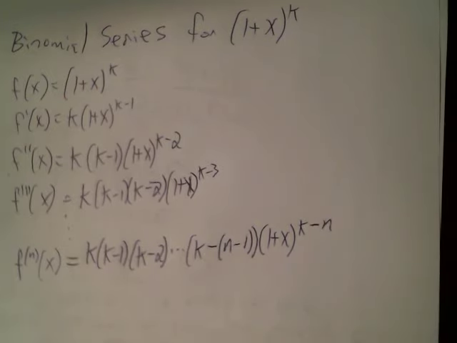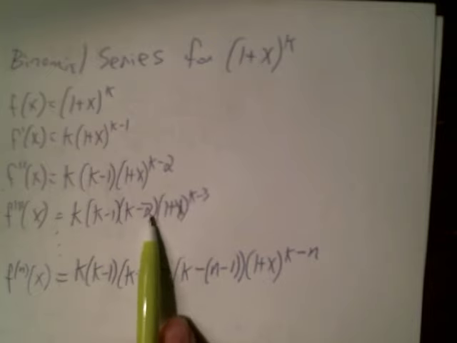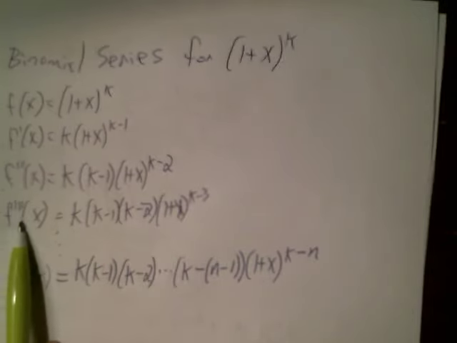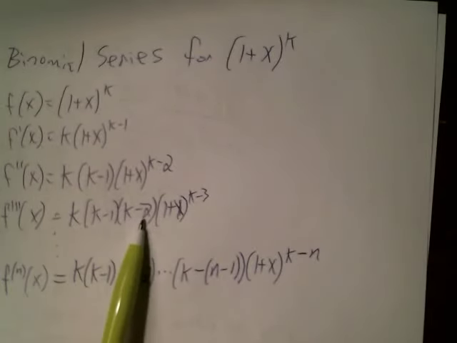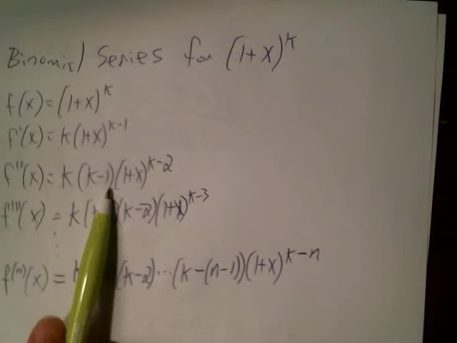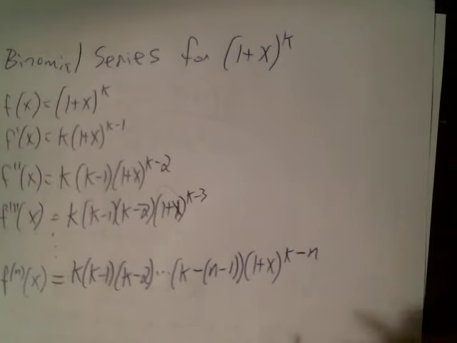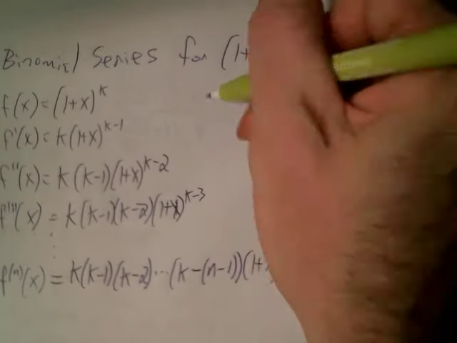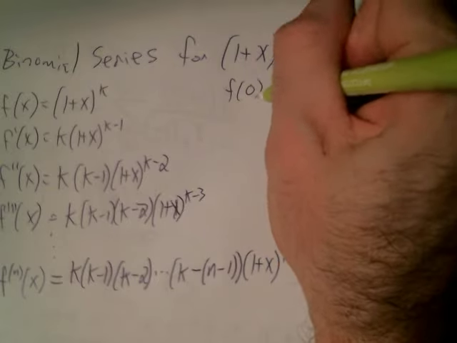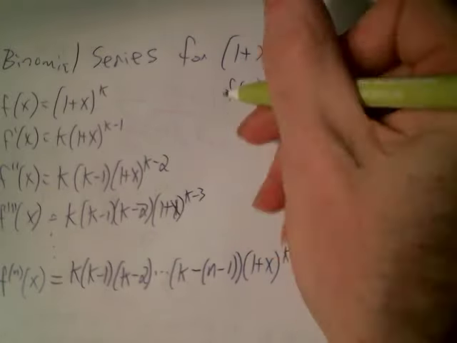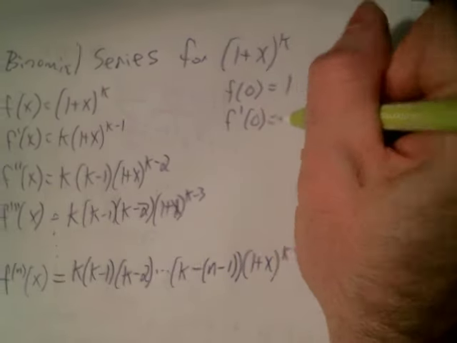Let me just look at that real quick, make sure that's right. So this was 2, which is n minus 1 is 2, so that's 2. 2 minus 1 is 1, so that was 1. So n minus 1 is the thing we're subtracting away there. When we evaluate these at our center 0, what do we get? F of 0 is 1. F prime of 0 is k.